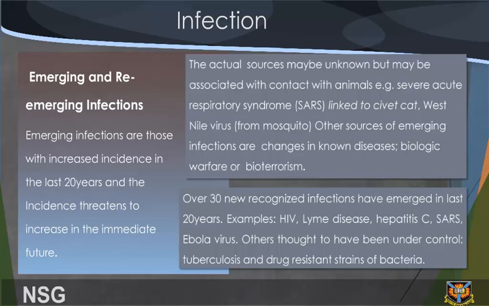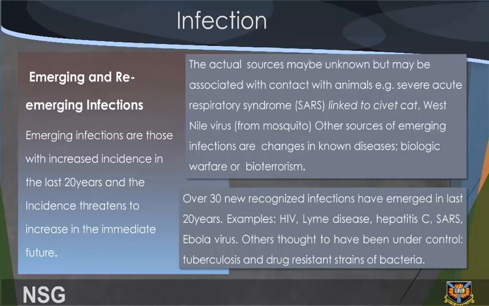Emerging and re-emerging infections. Emerging infections are those with increased incidence in the last 20 years, and the incidence threatens to increase in the immediate future. The actual sources may be unknown but may be associated with contact with animals, e.g., severe acute respiratory syndrome (SARS) linked to civet cat, West Nile virus from mosquito.